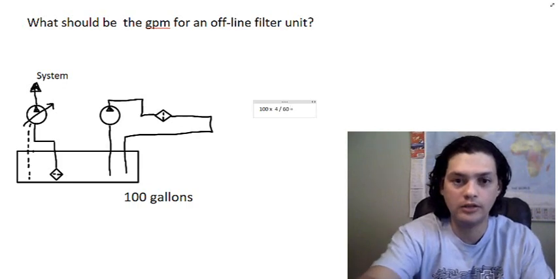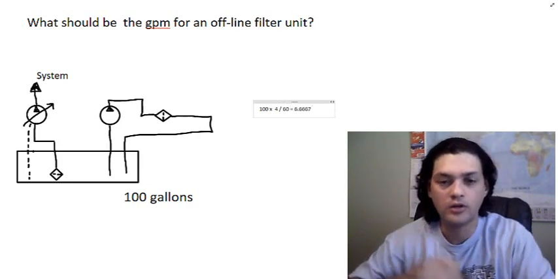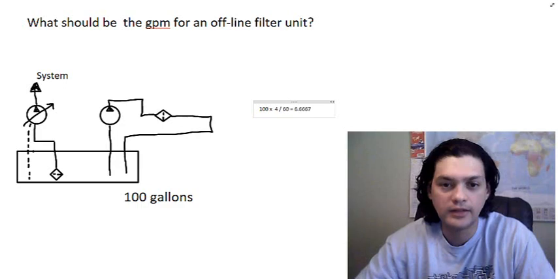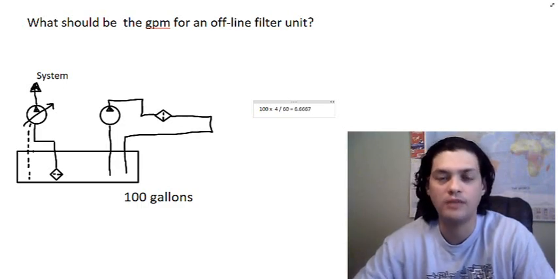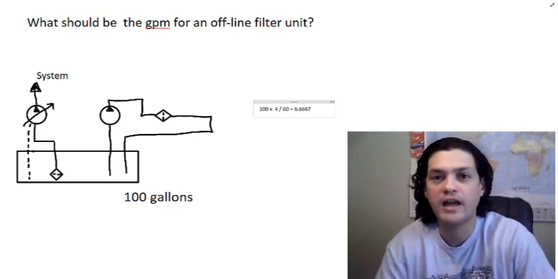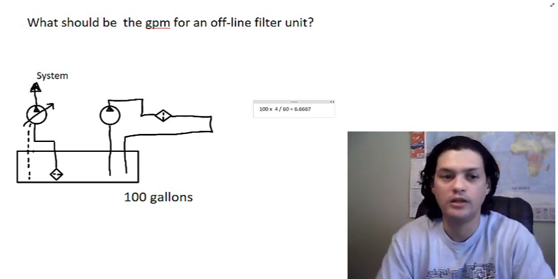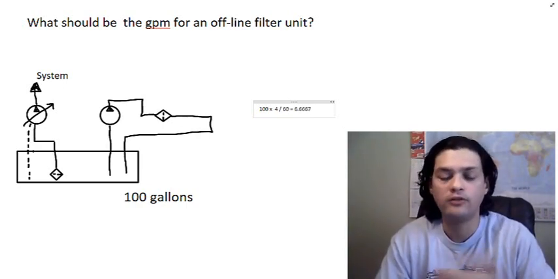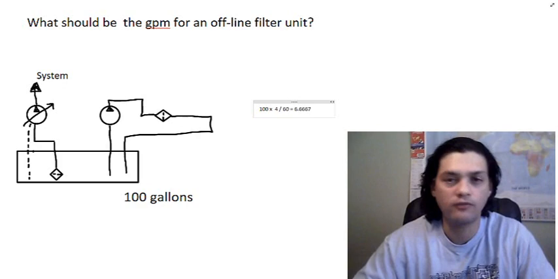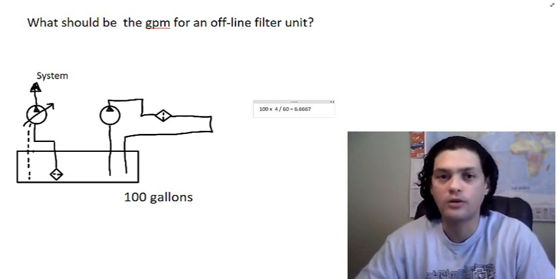That gives you 6.6667 GPM. So if you have a 5, 6, 7 GPM unit, that should work good enough to recirculate the reservoir 3 to 4 times an hour.